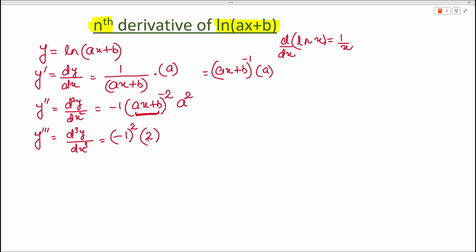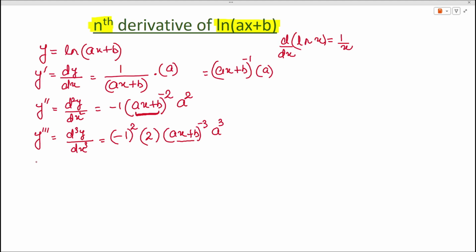It's the same thing, but it will make it easier for us to get the nth derivative, multiplied by (ax + b) raised to the power -3. So this is the power rule we've applied. And next, applying the chain rule, we'll multiply it by a. So a multiplied by a squared gives us a cubed.